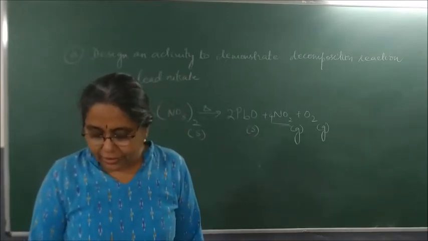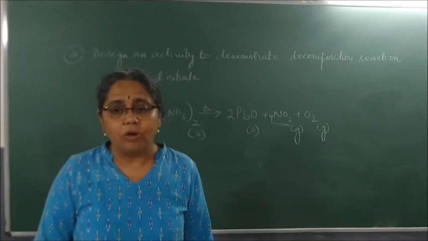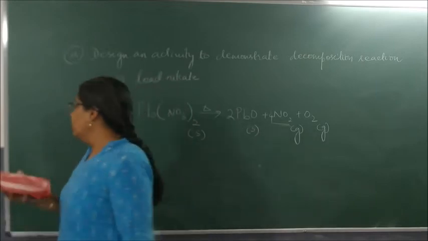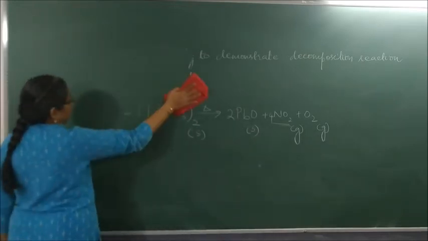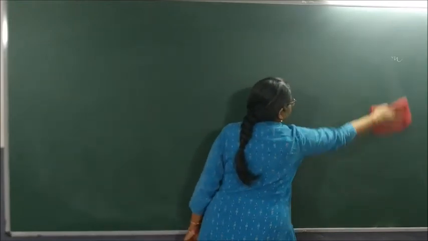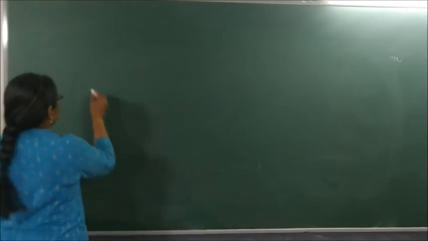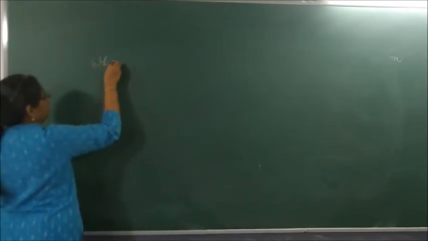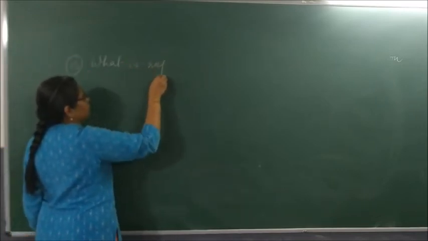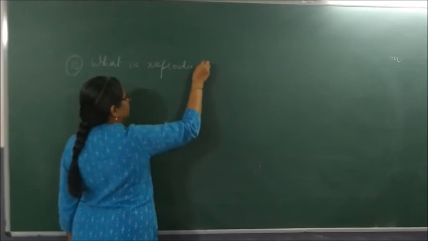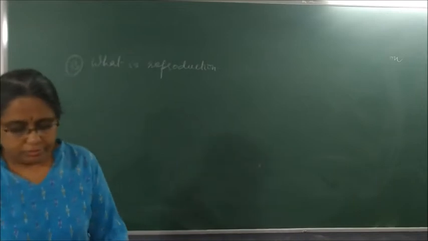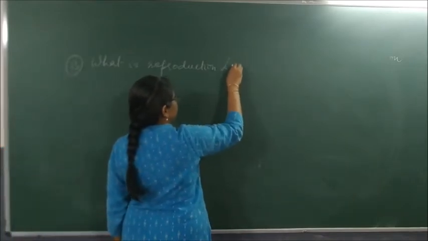Now again you have a 17th question from carbon and its compound, which is not there in your syllabus. So now the next question, what is reproduction? Mention its 2 types, or list its 2 types.